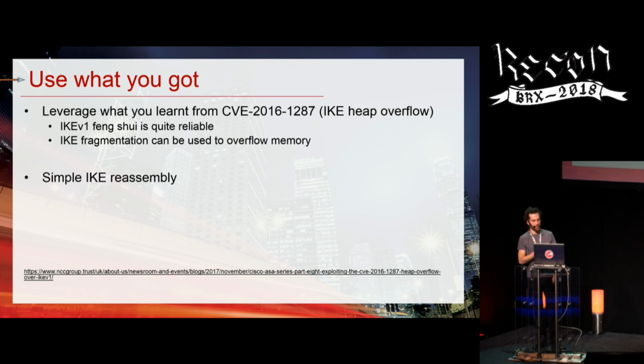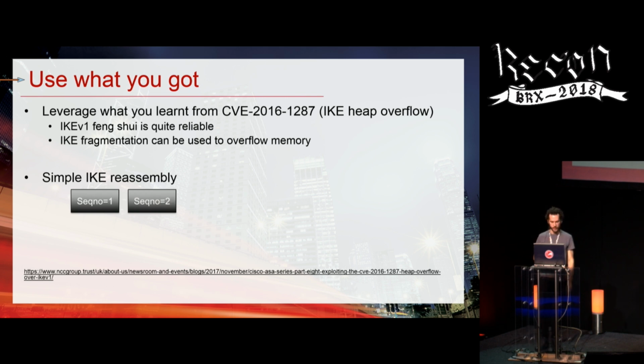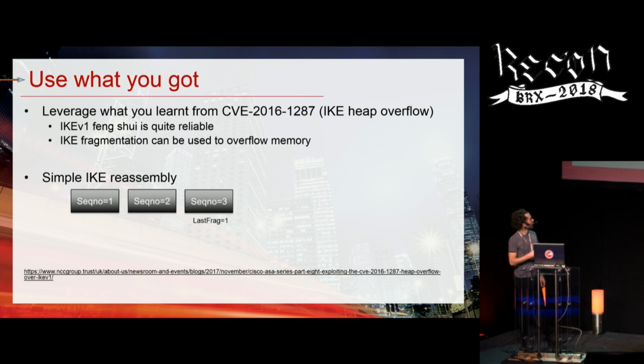The way reassembly works, even without any overflow here, is you send different fragments, each with a sequence number, and you enumerate them. The last one will have a specific flag indicating that it's the last one.